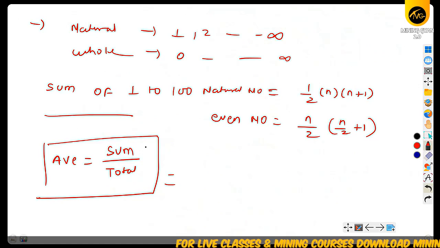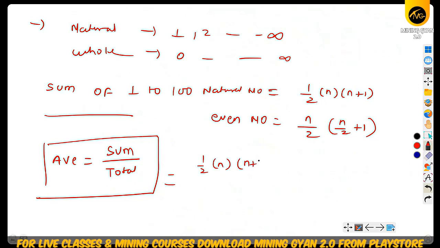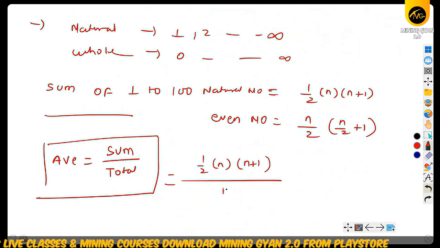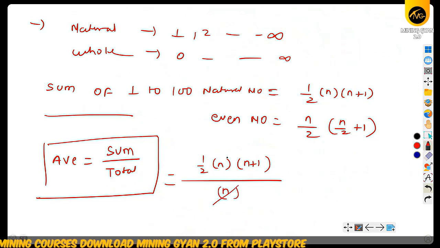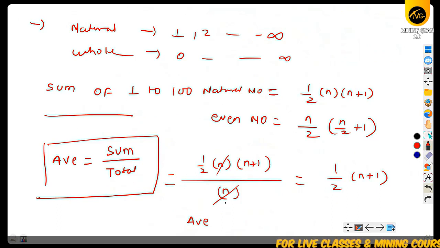So now for the sum of these numbers, we can use the formula 1 divided by 2 into n into n plus 1. Now what is the total number of elements? That will be n. So we use the total number of elements as n. Now just cancel out the n and we get the formula 1 divided by 2 into n plus 1. So the average of natural numbers from 1 to 100, the formula we have to use, is 1 divided by 2 into n plus 1.